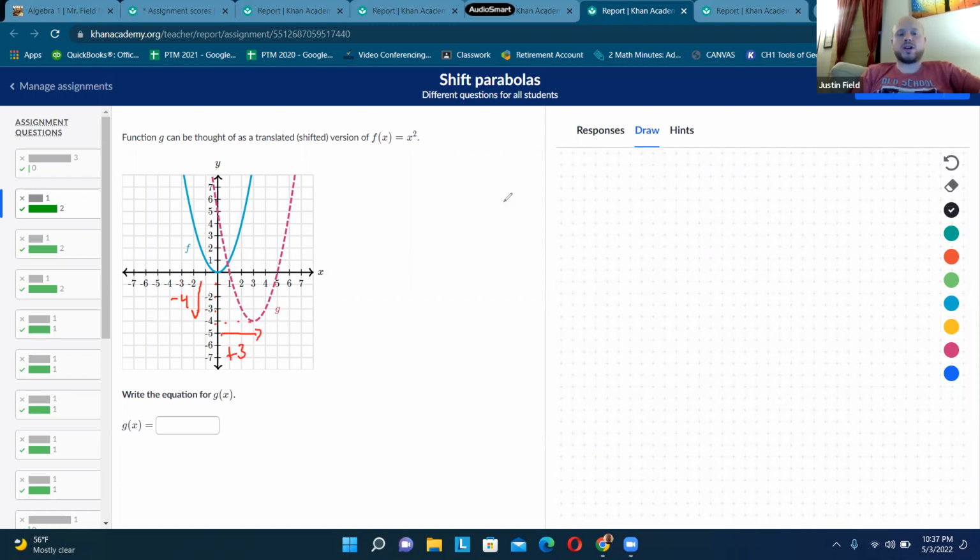But we know that it's the opposite for the left-right shift. Did you remember that? And then we're going down 4, so that is not the opposite. So this graph would look like this. And this is the right by 3, and this is the down by 4. All right, so that's the shifting.